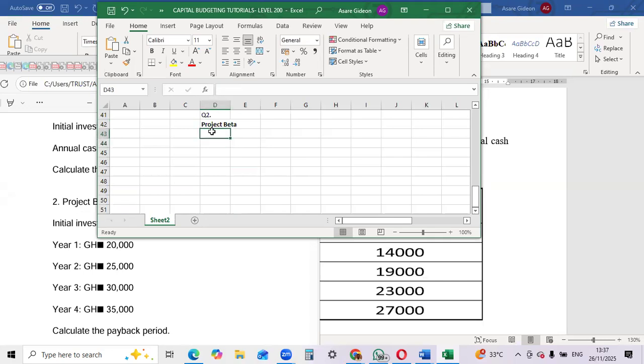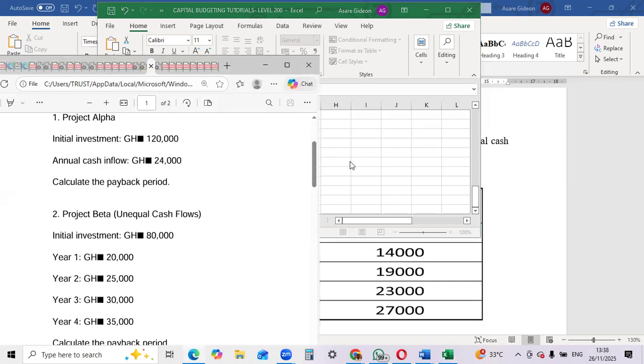We have the initial investment, which is 80,000 cedis.